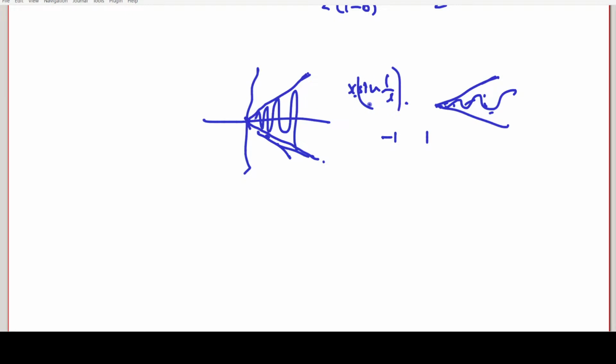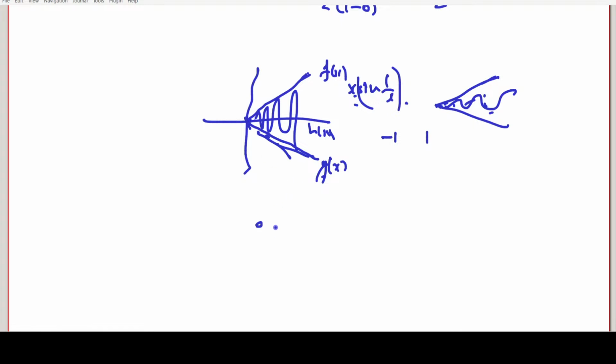Whatever oscillation it does, it still lies between them. If we call these f of x and g of x, and the middle one h of x, the limit of f of x and g of x is 0, so the limit of h of x is also 0.